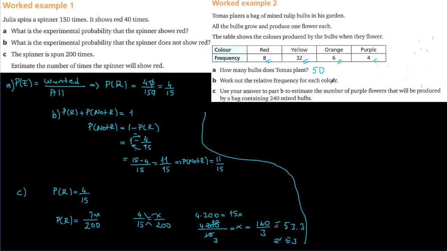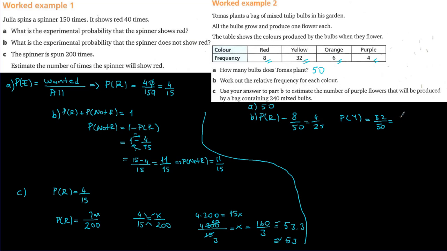Work out the relative frequency of each color. So the answer to A is 50. And B, the probability of red is equal to 8 over 50. If you divide by 2, it's going to be 4 over 25. Probability of yellow is equal to 32 over 50.